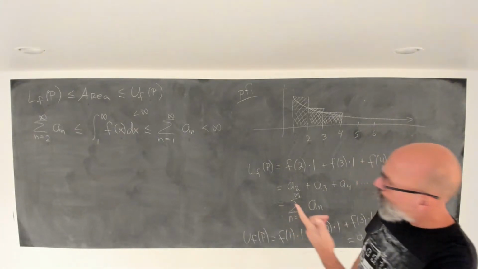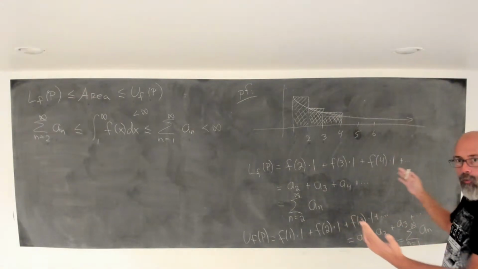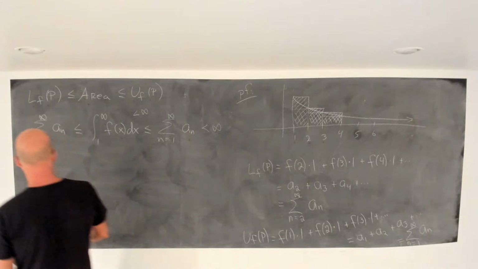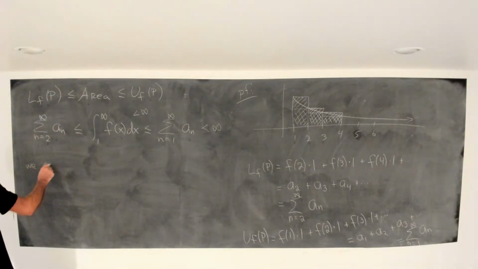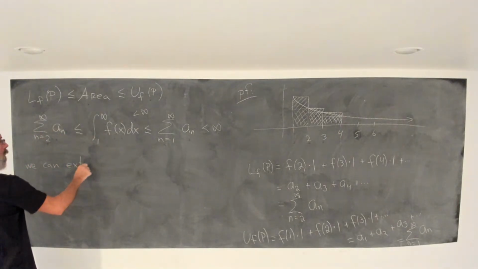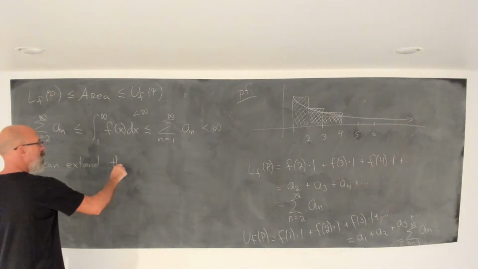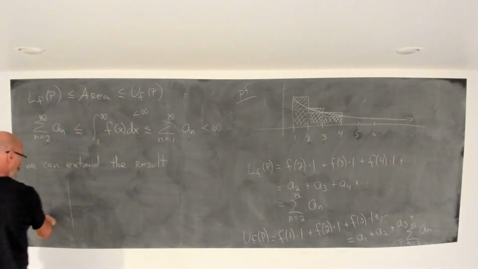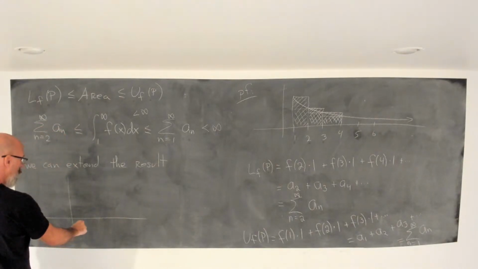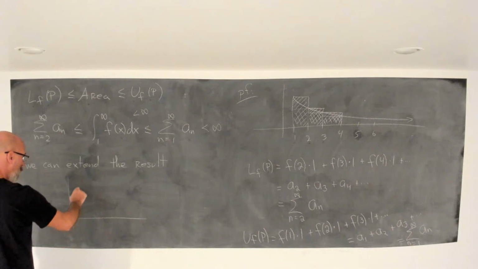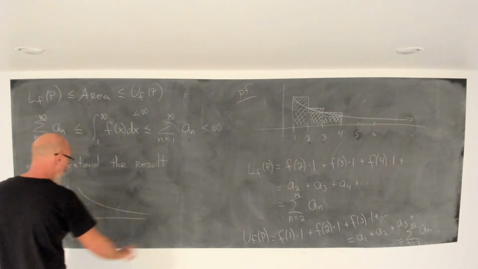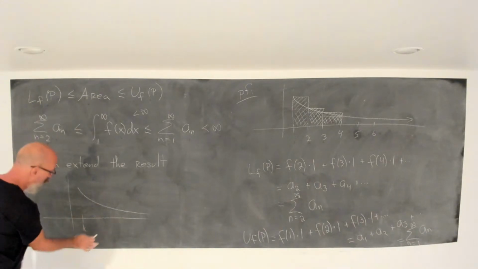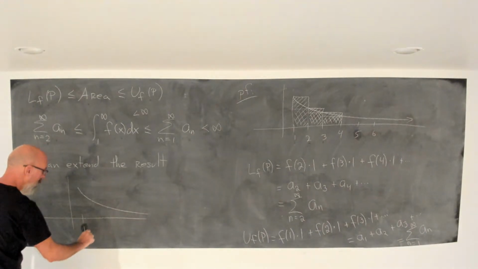Let me mention that without too much work here, we can extend the result, right? Here we did the interval from 1 to infinity, but what if you started at some value k?